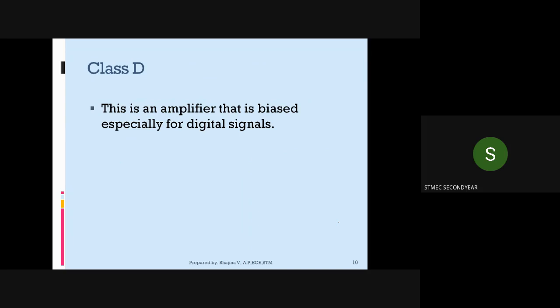Now the conduction angles. Class A has a conduction angle of 360 degree, class B 180 degree, class AB between 180 and 360, and class C less than 180.